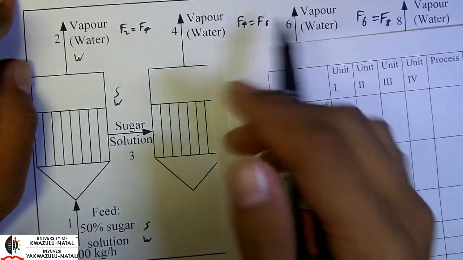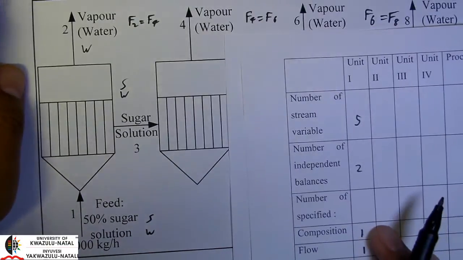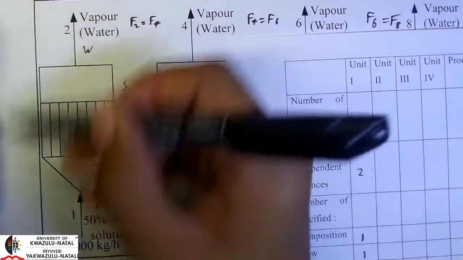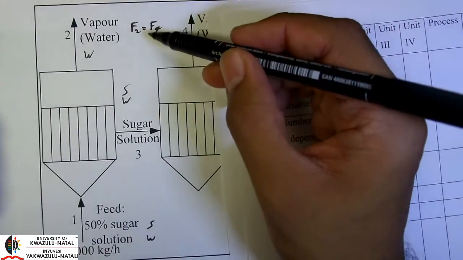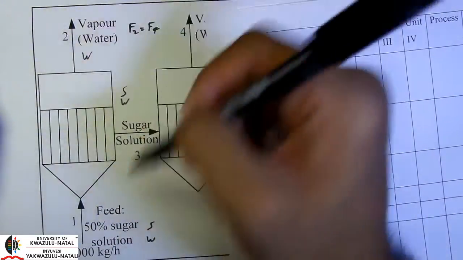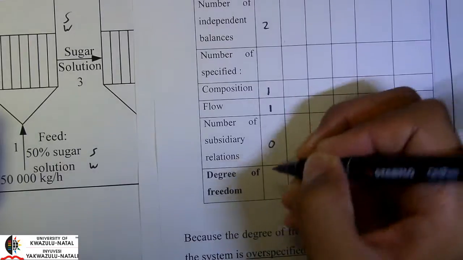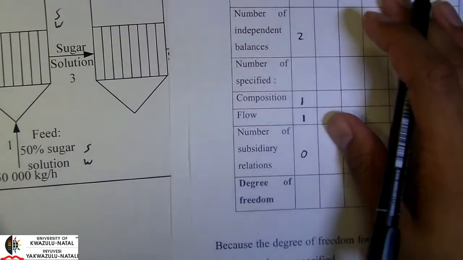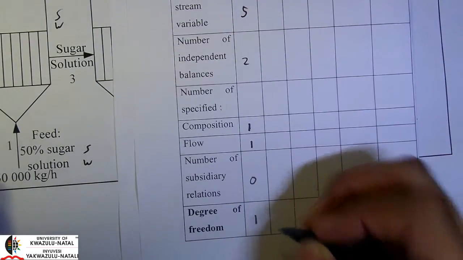Now we don't have any information on F4 or F6 or F8, so ultimately we can determine that the subsidiary relation will be irrelevant when solving the balance for this unit, because it's not relating anything between our streams in question. So our number of subsidiary relations here will be 0. So for our degree of freedom, we have 5 minus 2 minus 1 minus 1, a degree of freedom of 1.